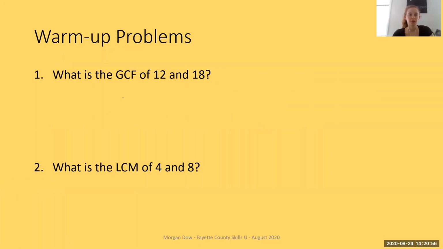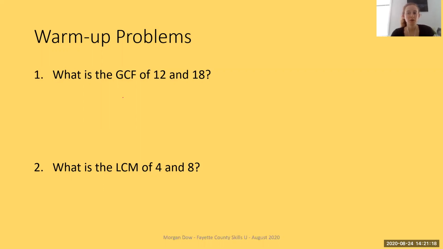All right, so number one says, what is the GCF of 12 and 18? So what does GCF stand for? That's something we worked on last week. We talked about GCF last week, and that stands for greatest common factor. GCF is greatest common factor.